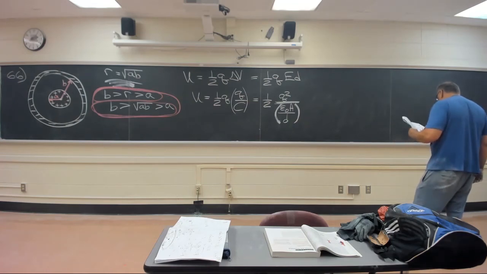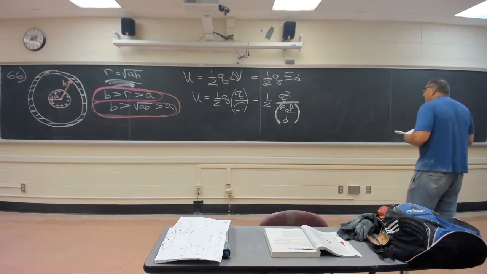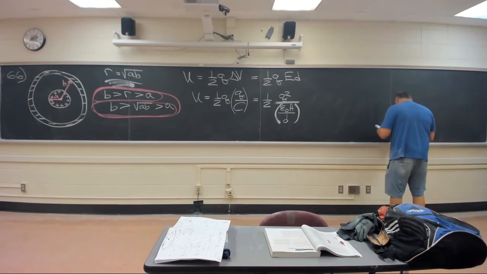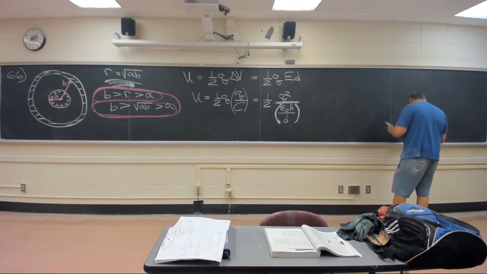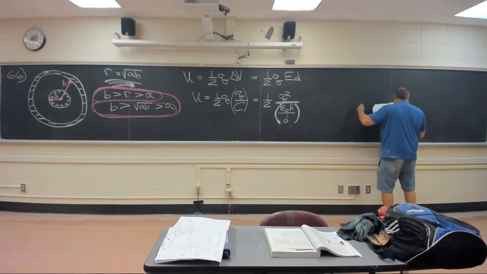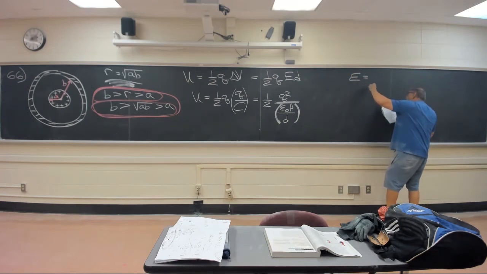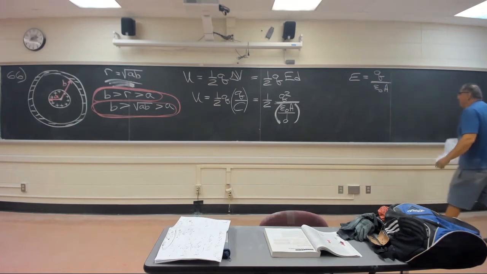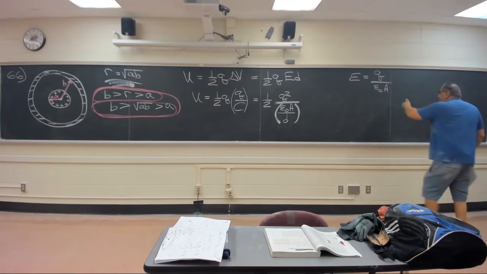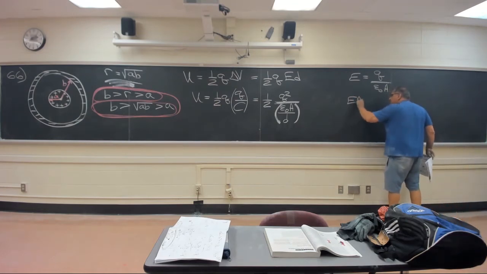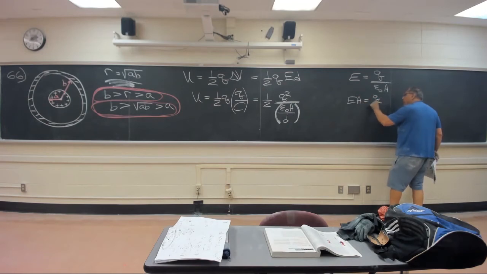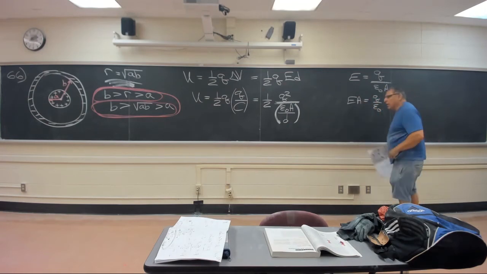We have said earlier, we've already concluded earlier, and we played this game quite a bit, that easily can be concluded from EA equals Q over epsilon naught.